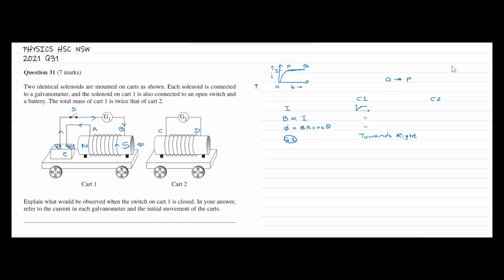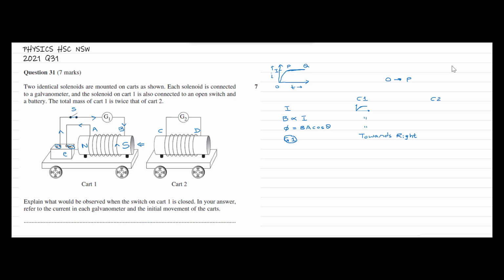Now let's see the response in card 2. As soon as there is an increase of current in card 1, this will be followed by an increase in the magnetic field.